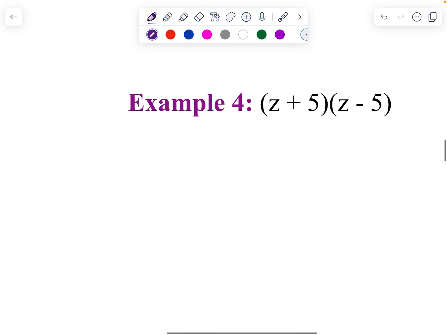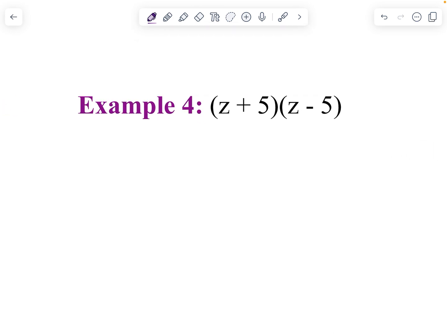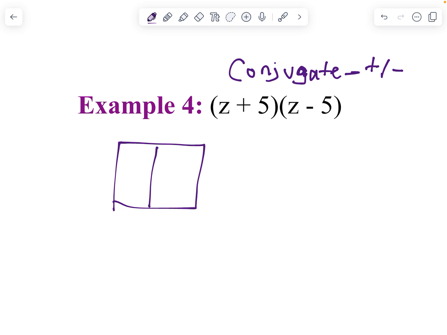Now, we also have things that are called conjugates. Conjugates have the same terms. It's just a fancy name for plus or minus. So the first one, in parentheses, they have the same terms, z and 5 and z and negative 5. It's not a perfect square though, because you've got a positive 5 and a negative 5. So let's go back and figure out the pattern here.